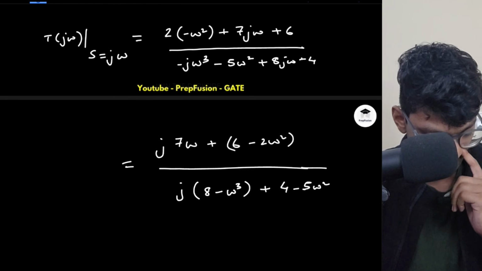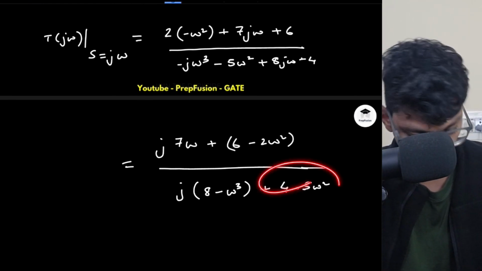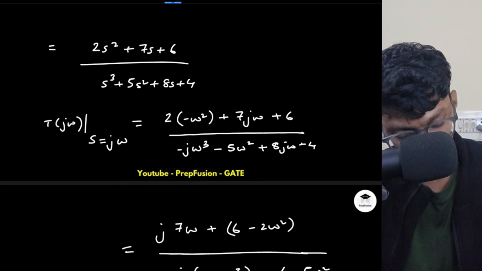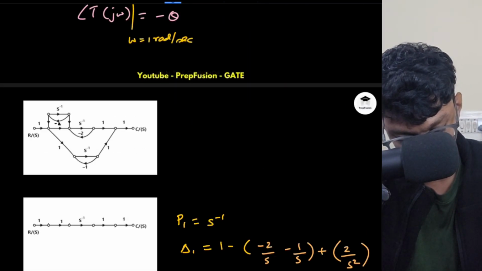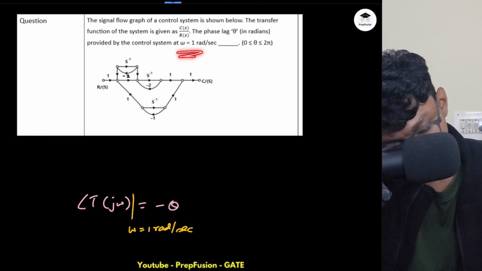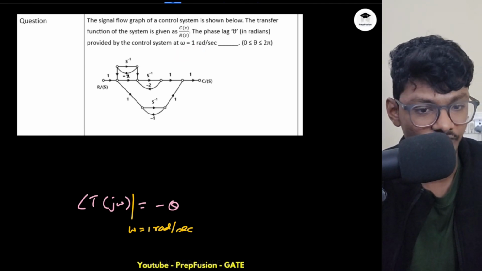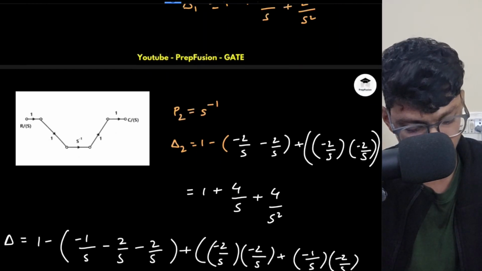Now one thing you have to keep in mind, your omega is equal to 1. They are asking to find the angle at omega equals 1, and this is a very good question.